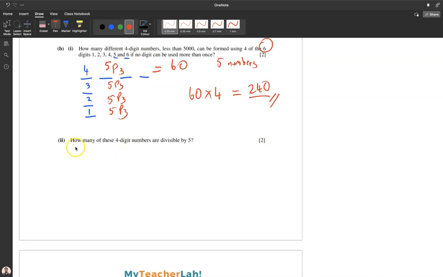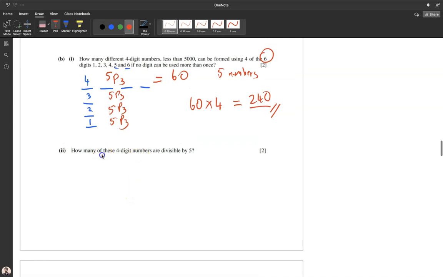Okay, so how many of these 4-digit numbers are actually divisible by 5? They are referring back to this question. You still have to make sure that they are less than 5,000. So let's try that out. I'm going to write down all the different possibilities here.